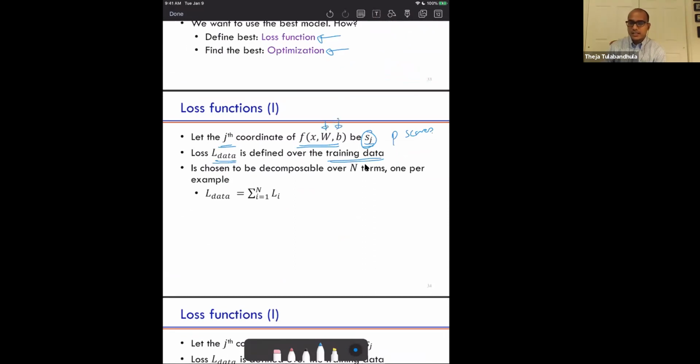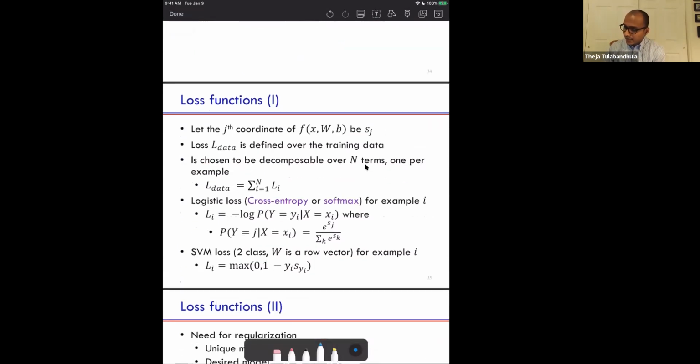If I change the parameters, I get a different loss value. In particular, I'm going to choose the loss value as L data, which is the sum over n terms, with an L for each term. There are n examples, and for each example, I'm going to define a loss value. That's what I meant by decomposable over n terms.